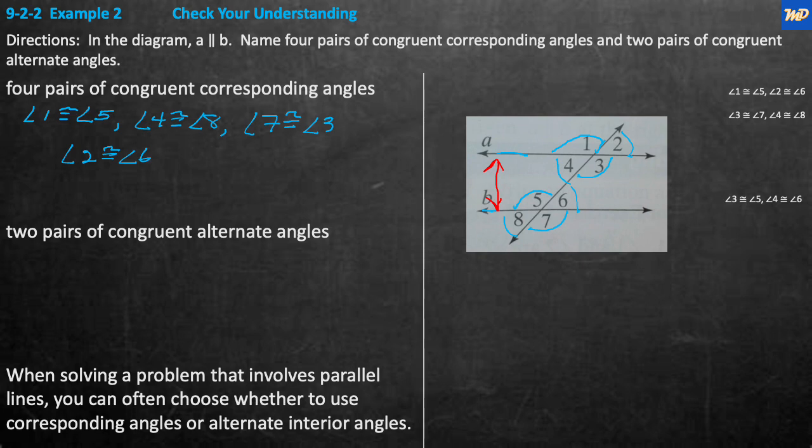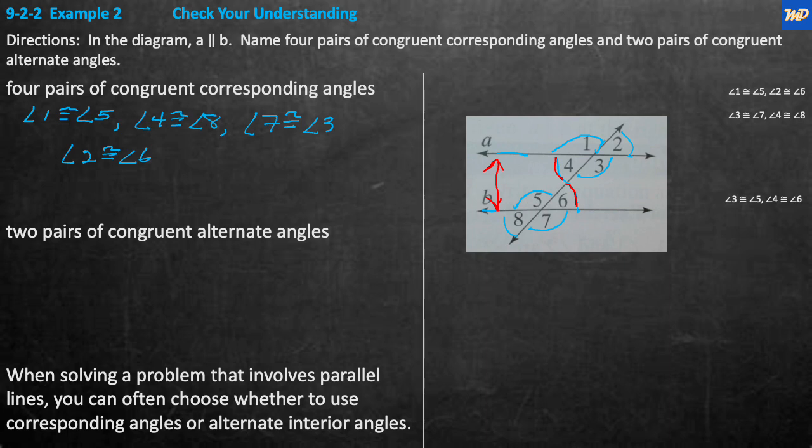So I'm going to pick 4 and 6. They are across the transversal, alternate. That's what the alternate means, alternate sides. And they're interior because they're between the parallel lines.